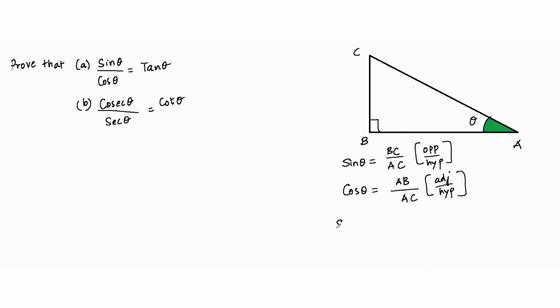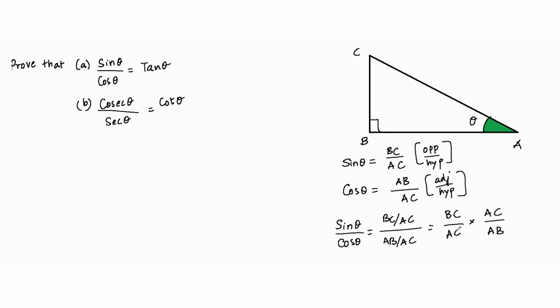Now if I divide these two, let's see what happens. I have sine theta by cos theta is BC upon AC divided by AB upon AC. So when I divide these two fractions, what I get is BC upon AC multiplied by the reciprocal of the denominator, which is AC upon AB.